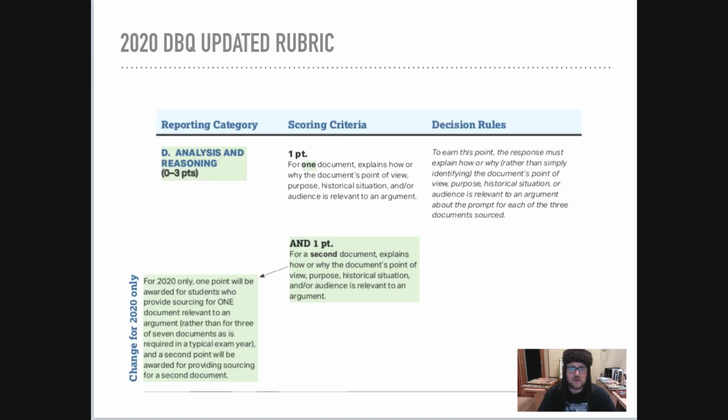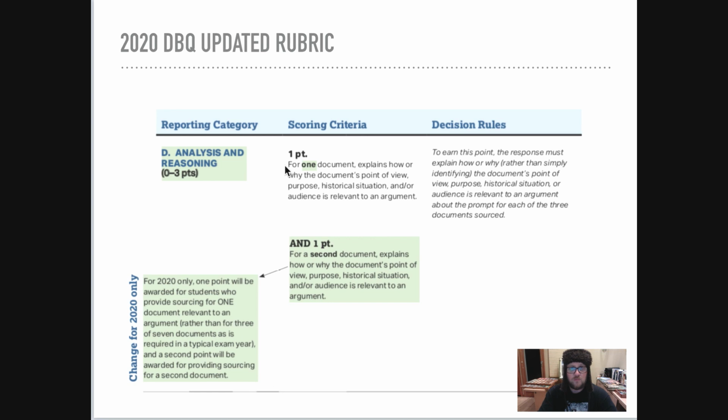The last section of the rubric is analysis and reasoning. There's a slight change on this one. This is what we call the POV plus. This is where you have to use the artist's or author's point of view, the audience, the purpose, or historical context to deal with the documentation.